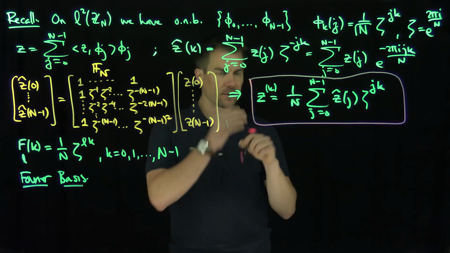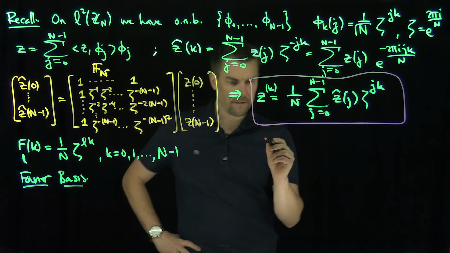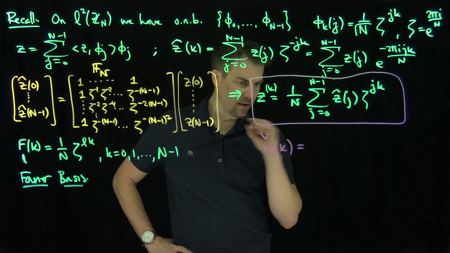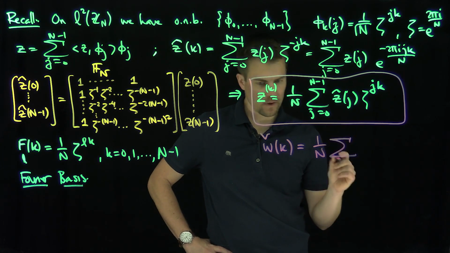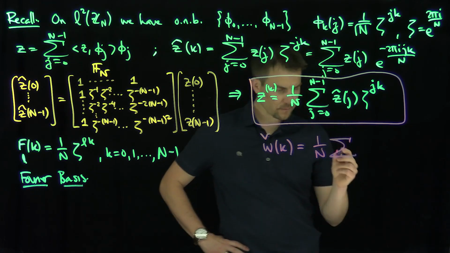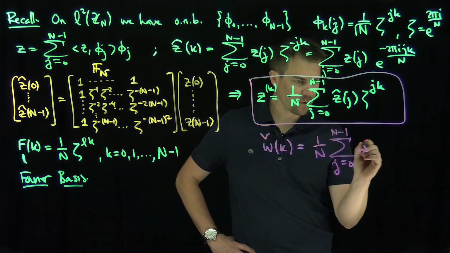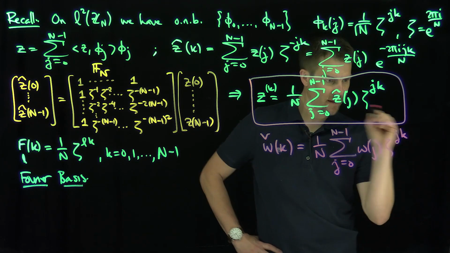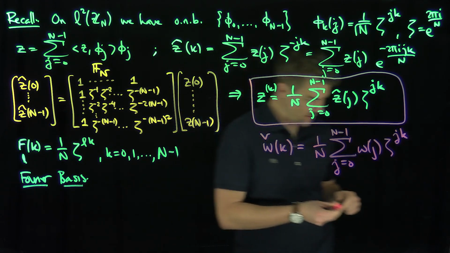And so we see from this that if we define, using this basis representation, what can we say? I can now say that if I define w check of k to be 1 over n times the sum, j goes from 0 to n minus 1, of w of j times zeta to the jk, then if I plug in the Fourier transform to this, what do we get?